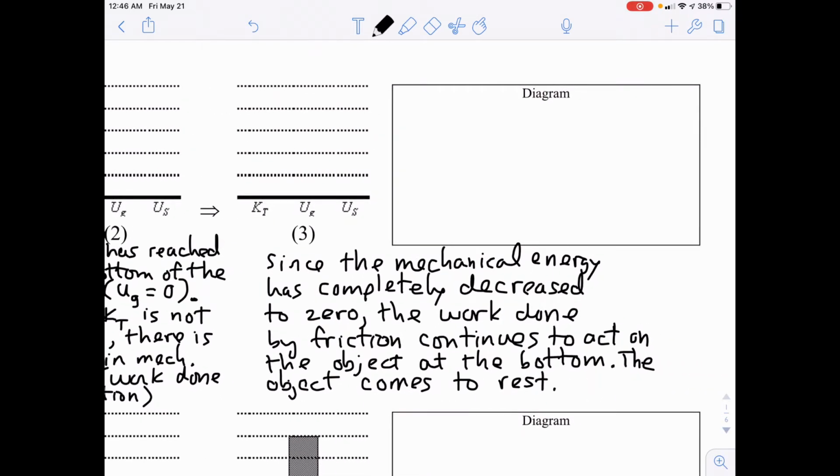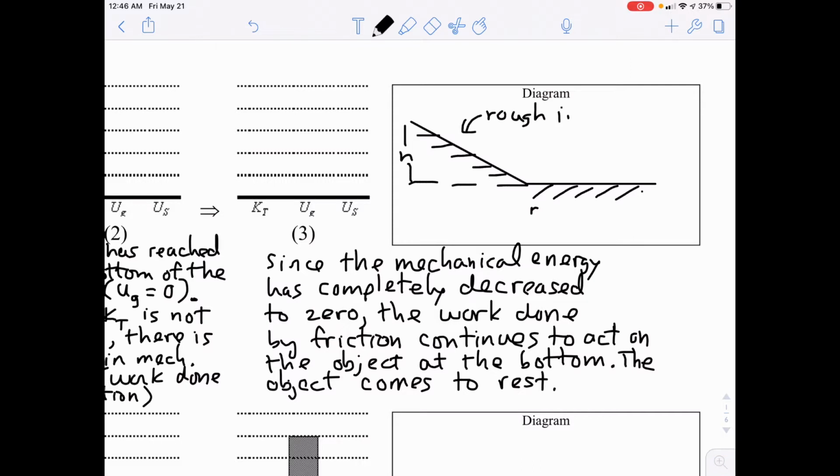Pretty simple diagram right there. Just draw a hill, some height h above the ground, and I'm just gonna draw little lines like this to indicate rough incline.